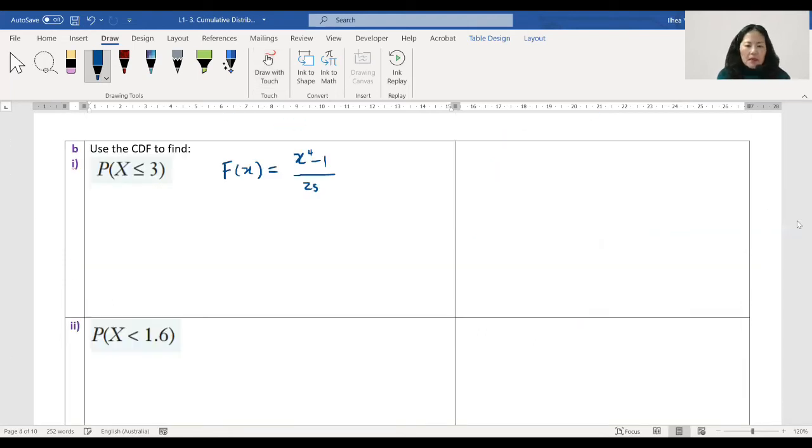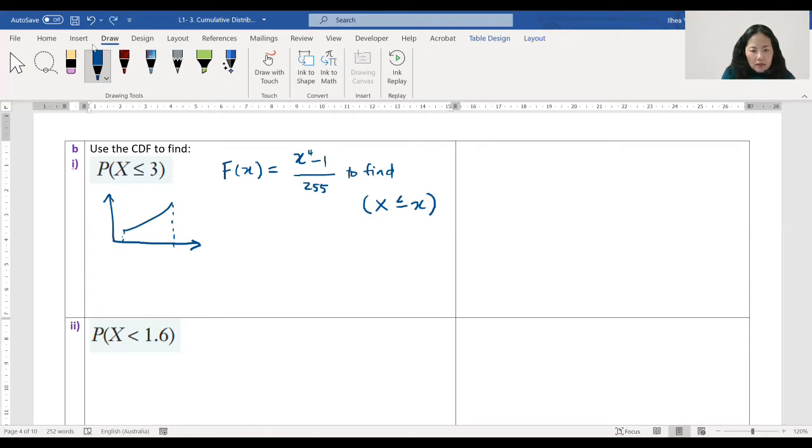Now, remember, this CDF only satisfies values within the limits. So we are looking at starting at 1 here. And it was 4, wasn't it? 1 to 4, that was the domain.